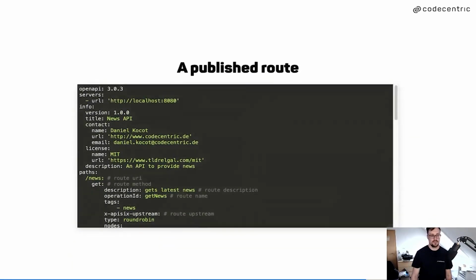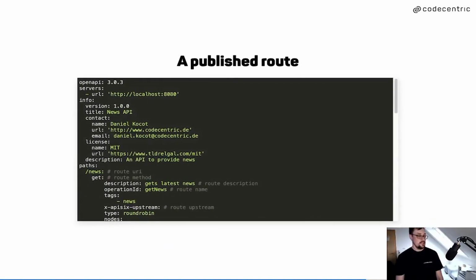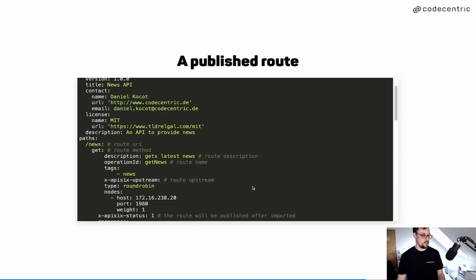And let's have a look at maybe simple examples. This is an OpenAPI description for a published route. We see that we have just a simple OpenAPI description, and we have service, we have an info, and all the stuff we know. But then there is something which is not normally found in an API description.